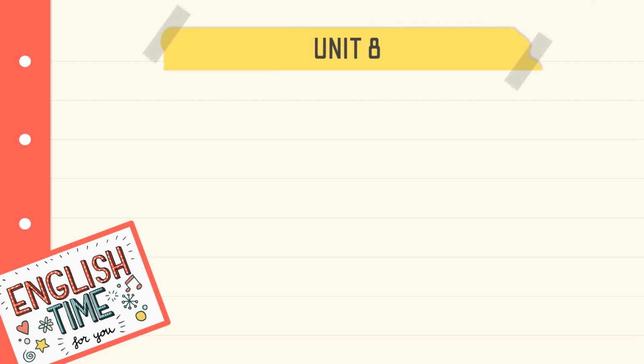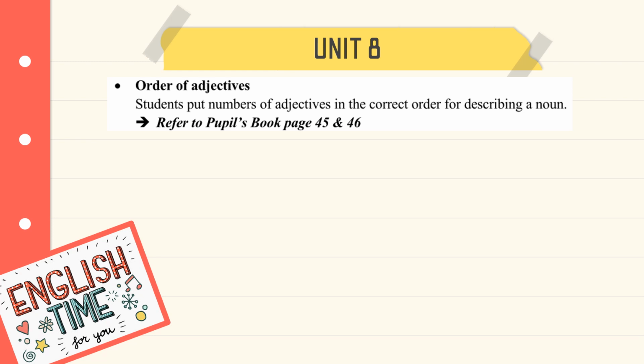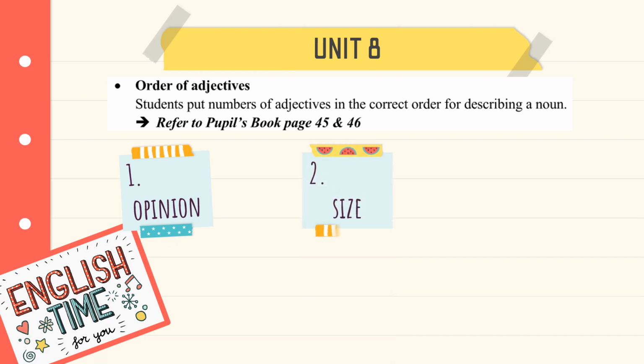Okay, grade 5. In Unit 8, you learned about the order of adjectives. You need to put a number of adjectives in the correct order for describing a noun. Okay, there are 6 kinds of adjectives that you need to put before a noun. The first one is opinion. The second one is size. The third one is age.